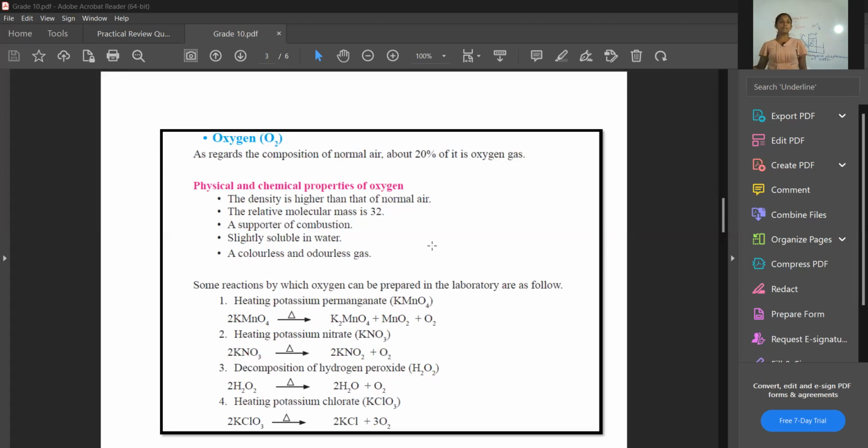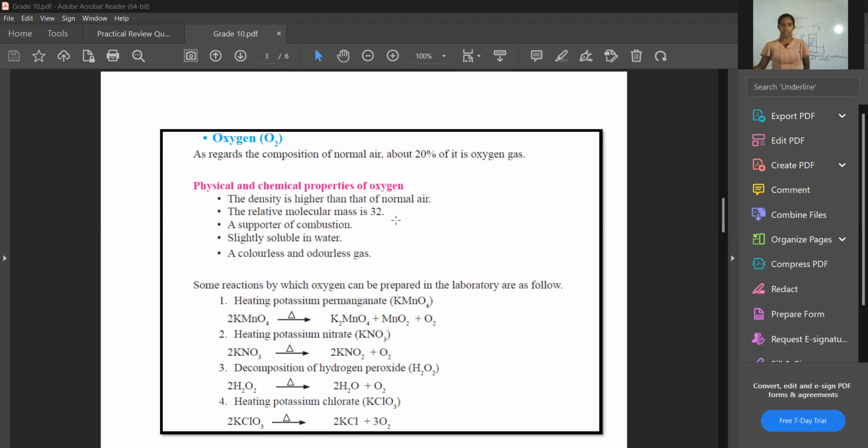They need this water soluble oxygen. So both the aquatic animals and plants need water soluble oxygen. So the solubility of oxygen in water is important for the aquatic organisms.